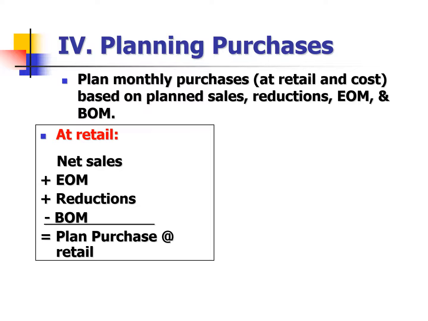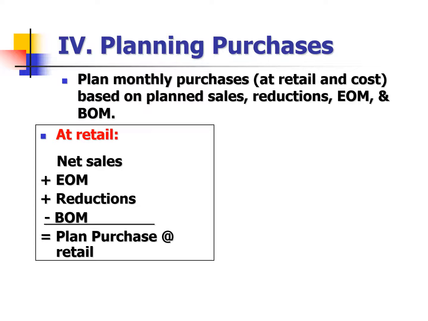So the difference between what we need and what we already had will be what we need to purchase more. Out of the BOM, we make sales and reductions, and we also need to leave this much EOM. To cover that, we need to make new purchases to fill in more merchandise. And that's how this formula came about: sales plus EOM plus reductions minus BOM of each month.